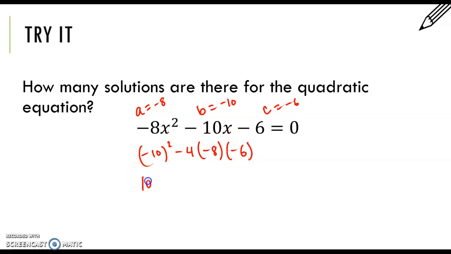So I have 100, because a negative times a negative would be a positive, minus negative 32 times 6. Oh, 32 times 6 is 192. So 100 minus 192 would be negative 92, so there are no solutions for this quadratic.